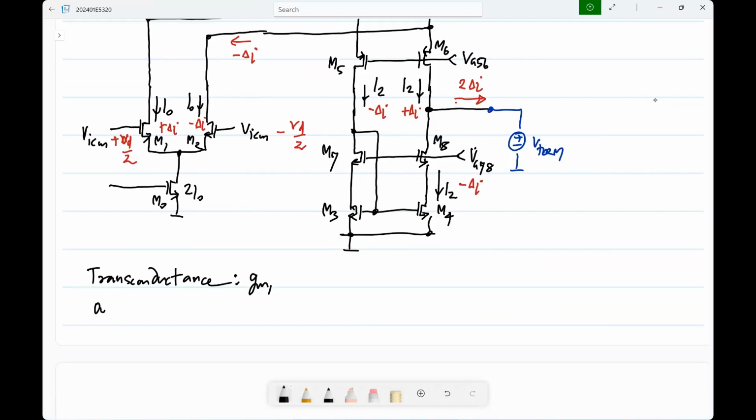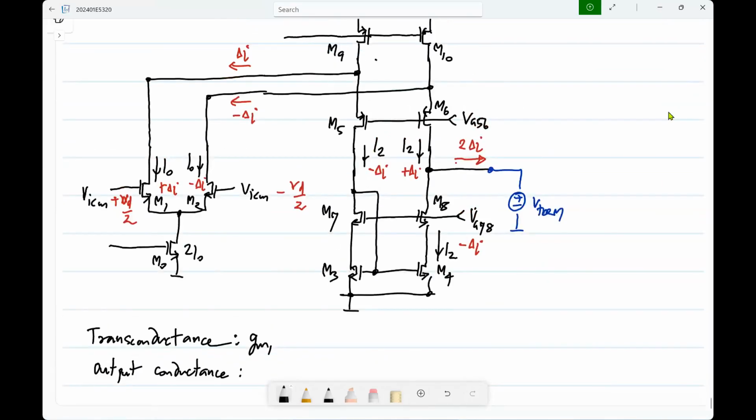What is the output conductance? Again, we can keep only the dominant terms, or output resistance, either one is fine. The output resistance was a parallel combination of two terms in every case, right?